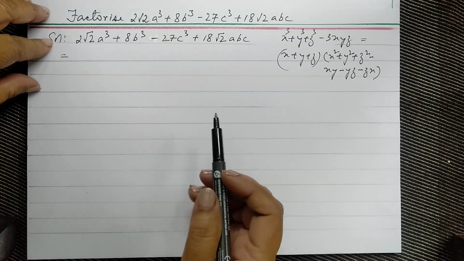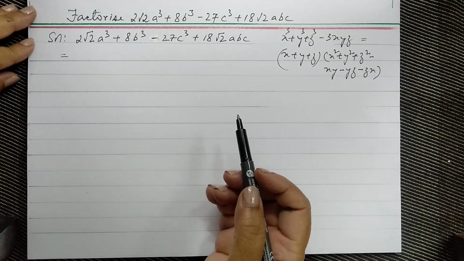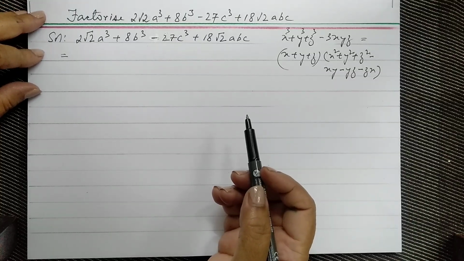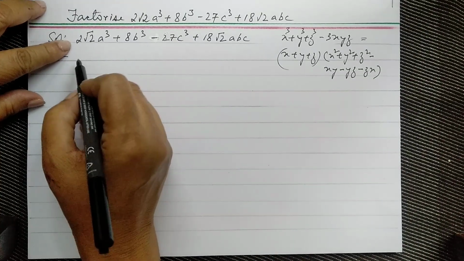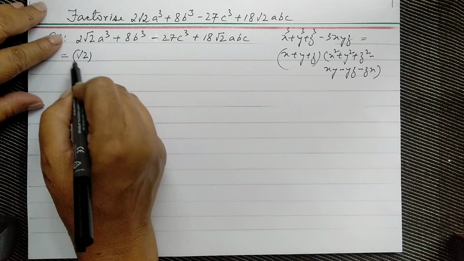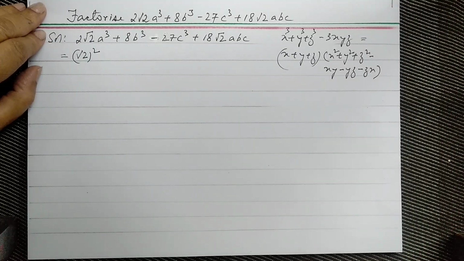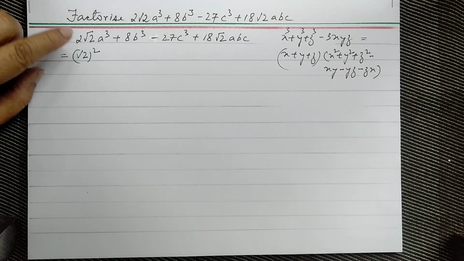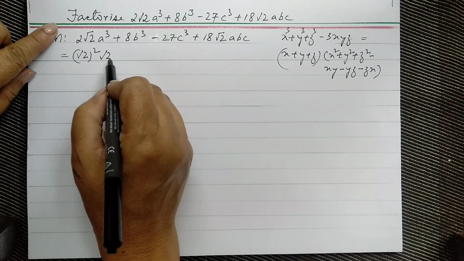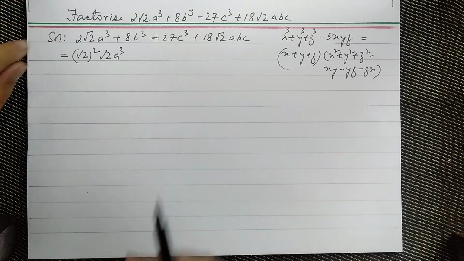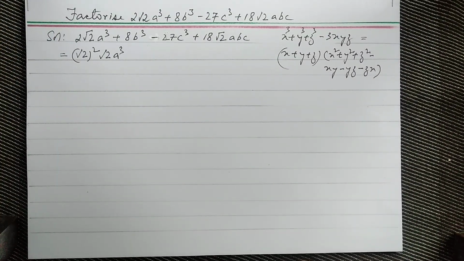Okay. So it will be really interesting to know. So let's get started. I'm going to show you each and every step so that you do not get confused regarding any step of it. So for 2, first of all, let me give the form of root 2 whole square. As you know, root 2 into root 2 will give me 2. We already have a root 2 here and a cube, isn't it?